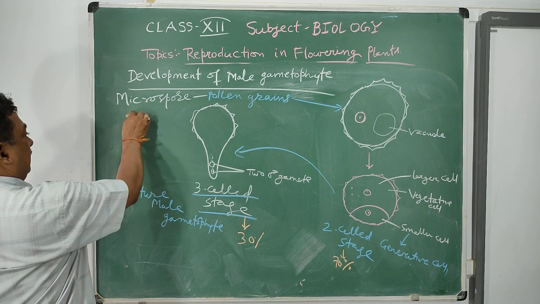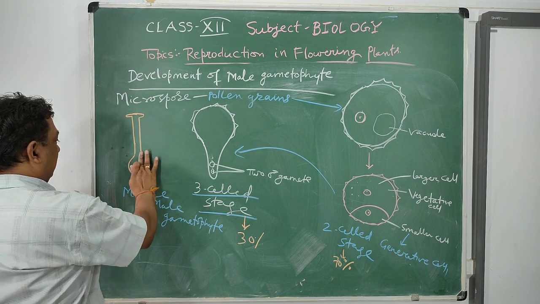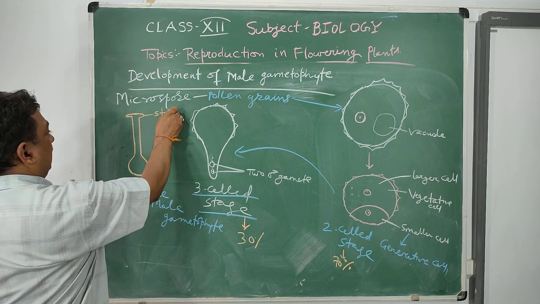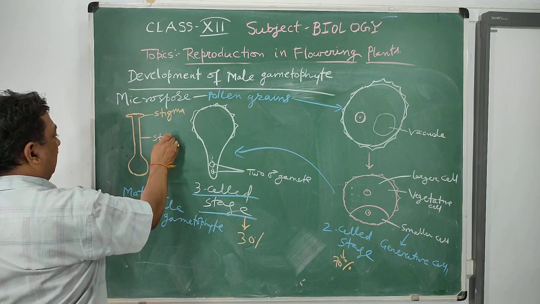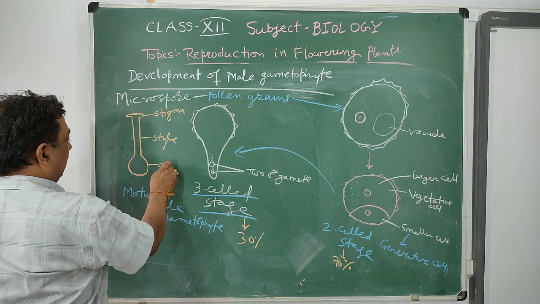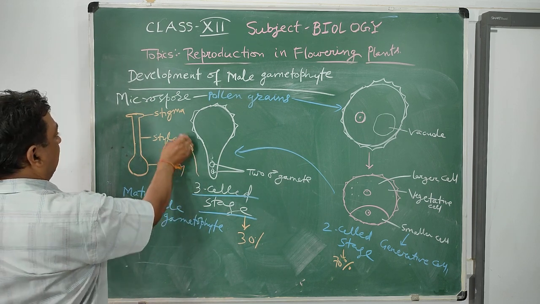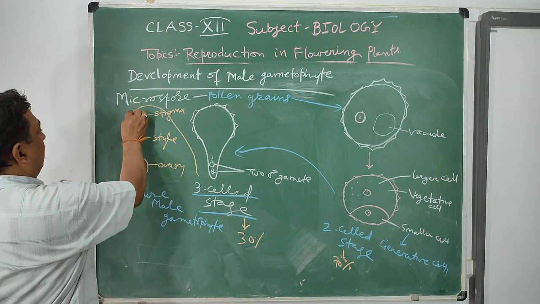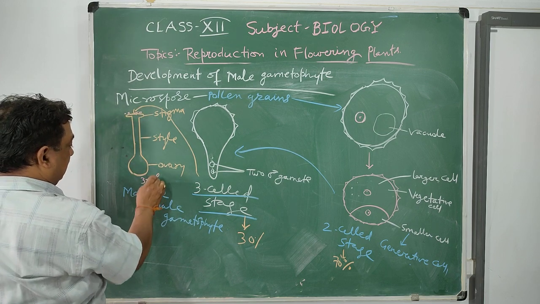They are transported to the stigma. The stigma is the receptive center, followed by the style and ovary. So in this condition, pollen grains fall on the tip of the stigma, that is the 30% case.